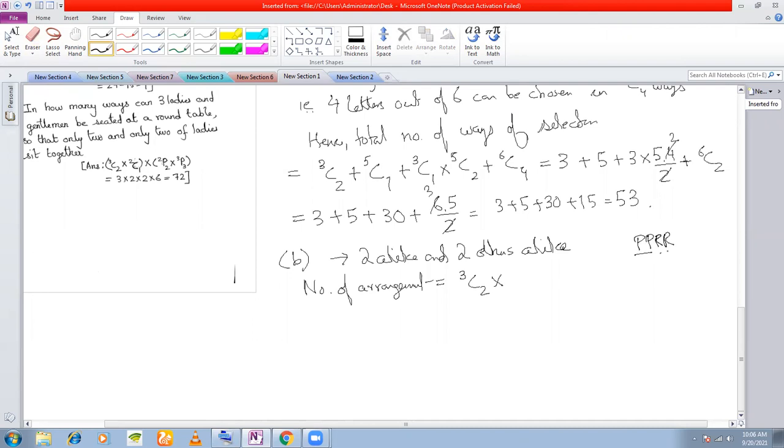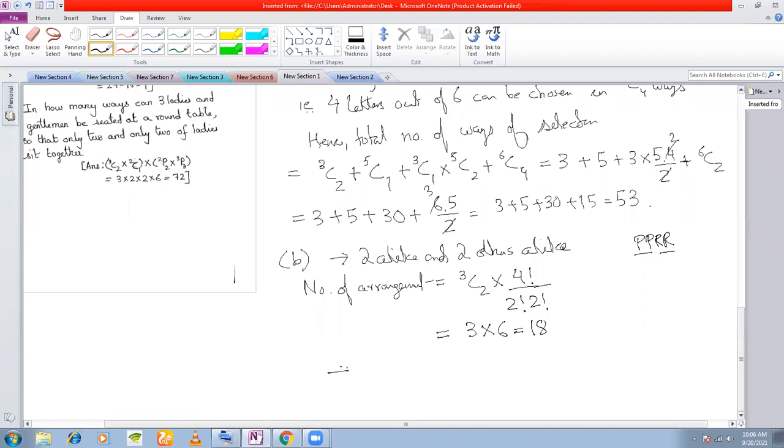In how many ways can you arrange this? Factorial 4 by factorial 2 into factorial 2, right? 3C2 is 3 and factorial 4 by factorial 2 into factorial 2 is 6, which is 18.